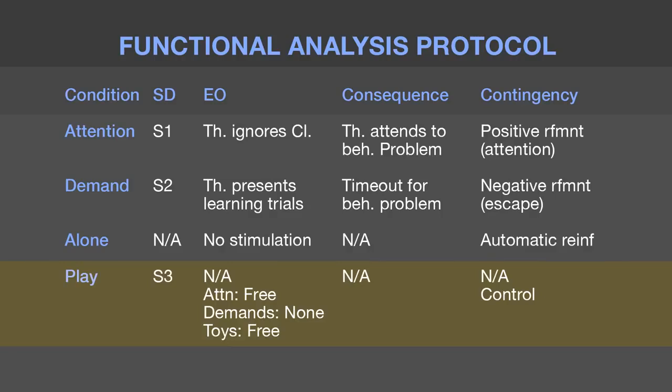And unlike in the alone condition, where the individual is somewhat deprived of sensory stimulation, there are lots of neat things to do. And so one would expect to see the lowest rates of problem behavior in that condition relative to all others. And that's sort of like a general model for conducting a functional analysis if one has no idea what the function of problem behavior is to begin with.